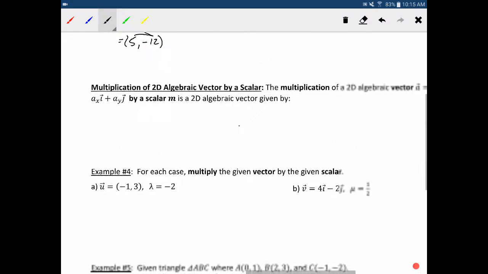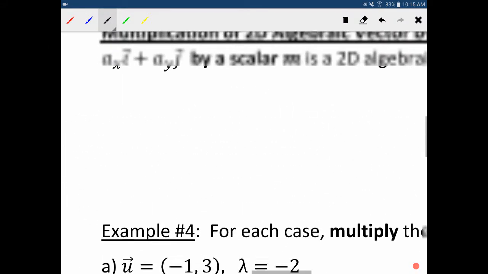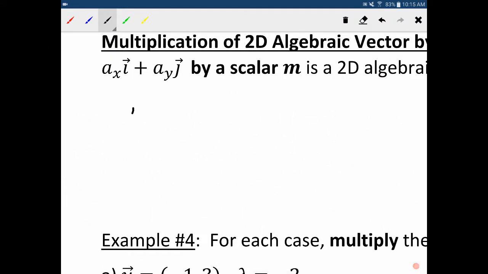So, multiplication by a scalar. We've got vector A here, and we're going to multiply by scalar m. The rule, fairly straightforward, is just that m times a, we take those components of a and multiply them by m.